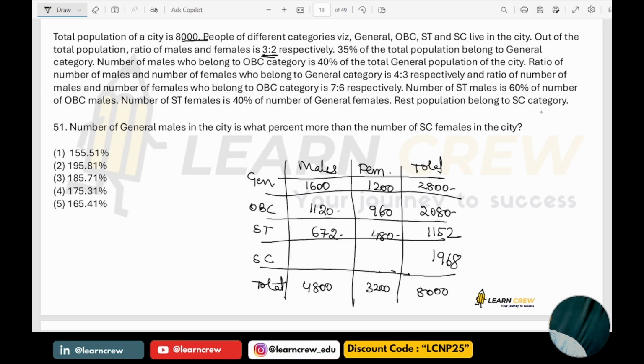The rest of the population belongs to SC. This category is given. Now you can subtract from 4800, and it would be 1408.